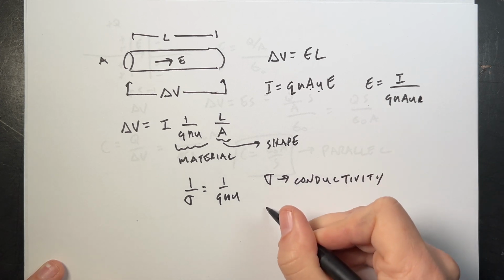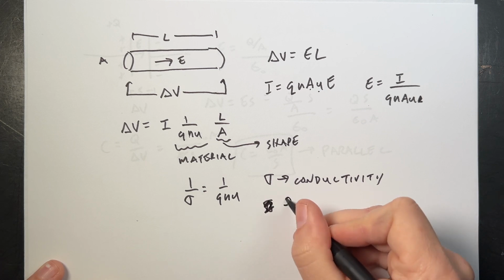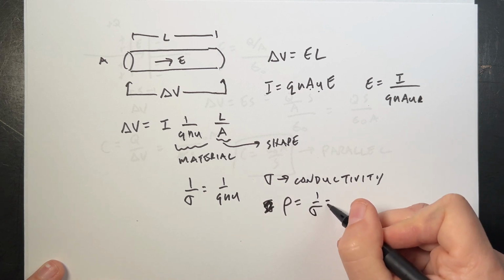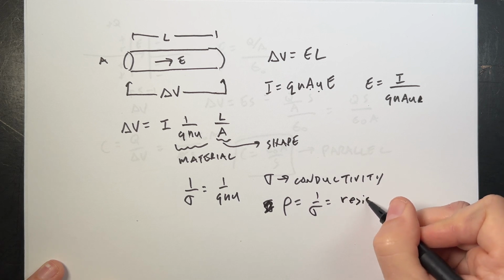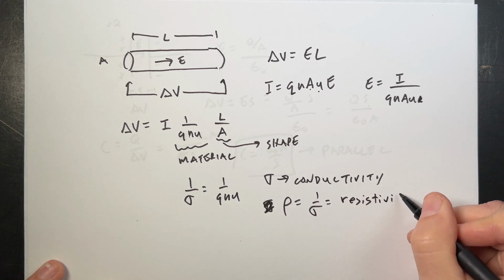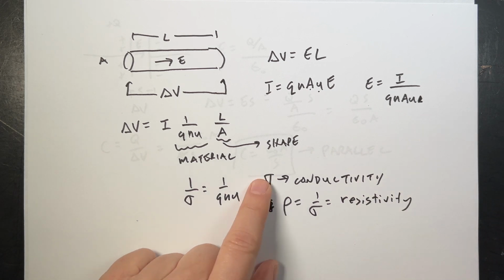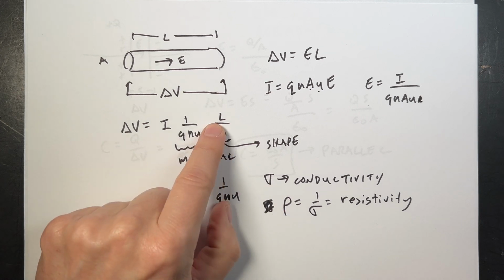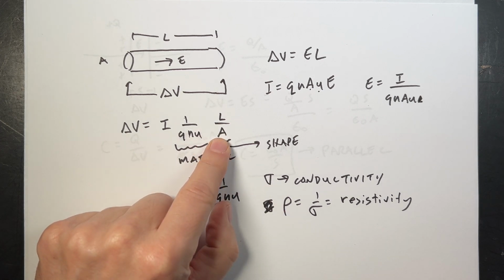We also can write this as rho. Rho is 1 over sigma, and that's the resistivity. You see this both ways. But these are properties that depend on the material only. These two properties depend on the length and the area.